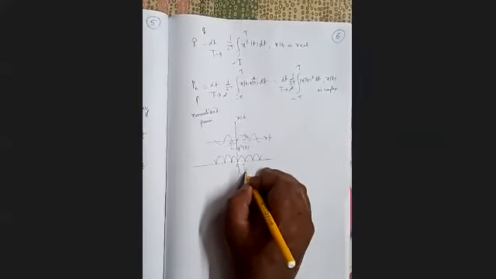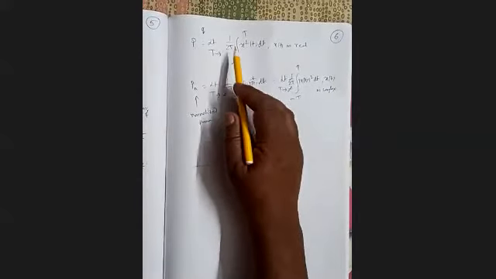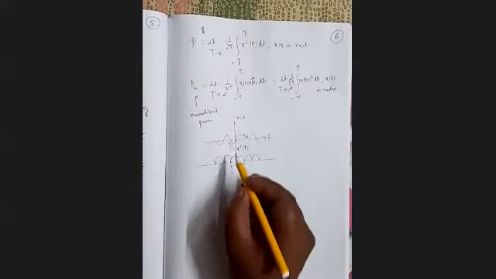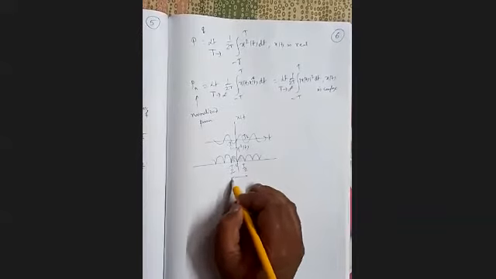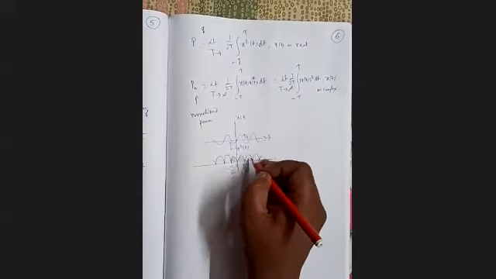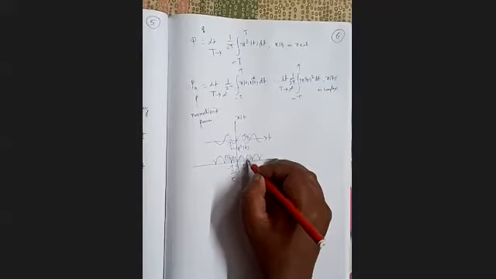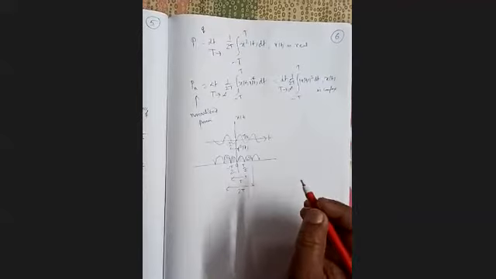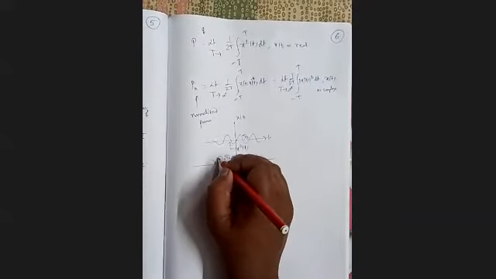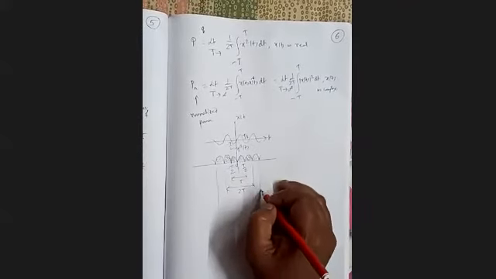So the area under the squared function divided by the time duration, so it will be that area divided by the time duration, capital T. Okay. Now if you add one more duration, say this duration, then that duration will be 2T. If you take one more interval, it will be 3T.